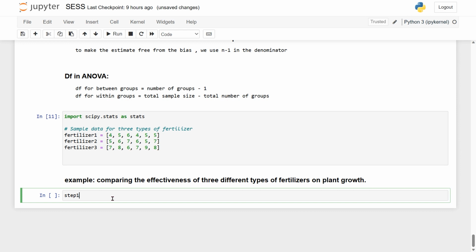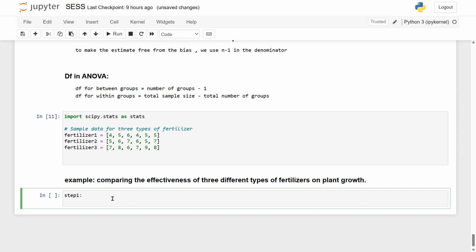So step one, let's make our null hypothesis first. H0, the null hypothesis, would be there is no significant difference in plant growth between the three types of fertilizers. That's our null hypothesis. There is no difference.